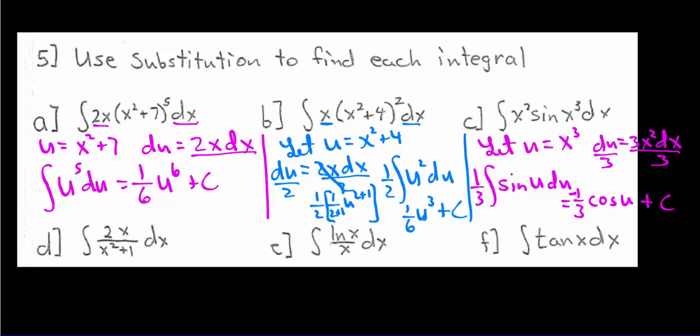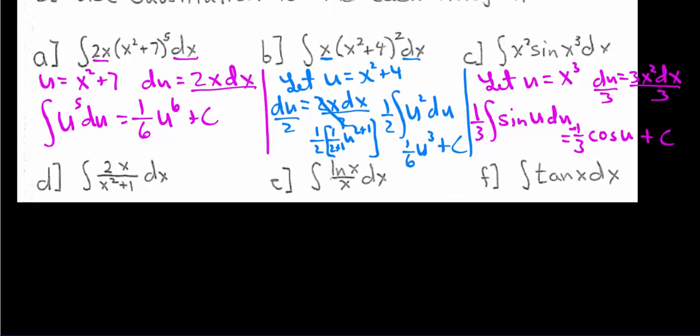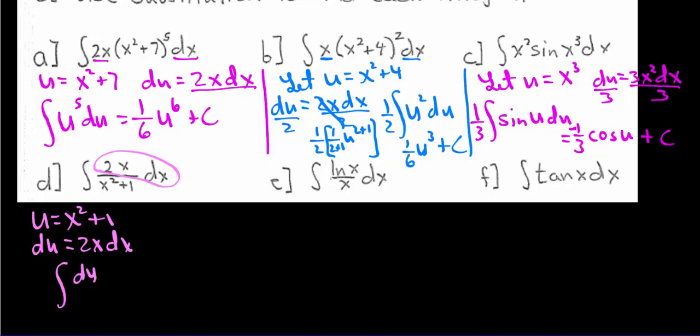Okay. Now, for this one down here, I notice that x squared plus 1, the derivative of that is just 2x dx, which is that. So what we've got is du over u, which is log u plus c.